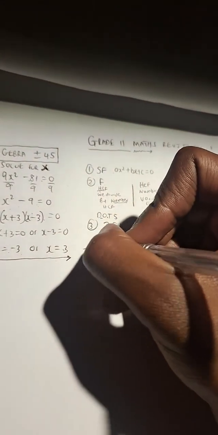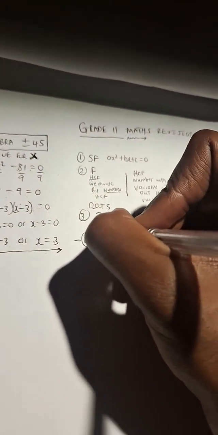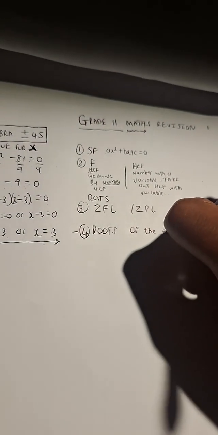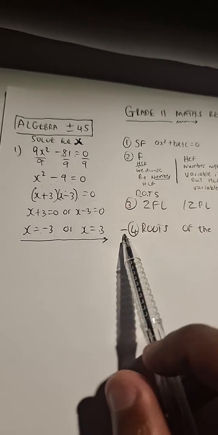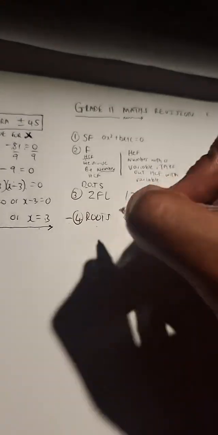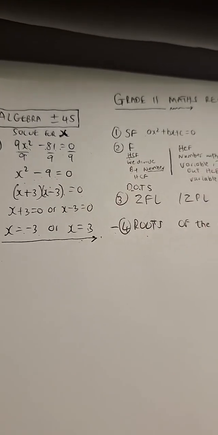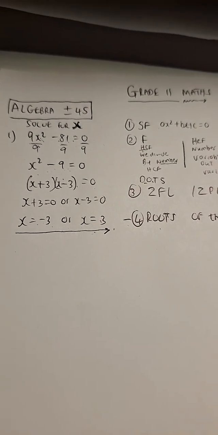We call these things the roots of the equation. What do we call them? The roots of the equation. The roots of the equation are simply the solutions for the equation 9x squared minus 81 is equal to 0. Okay, I hope that makes sense.